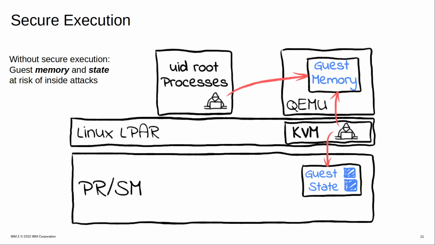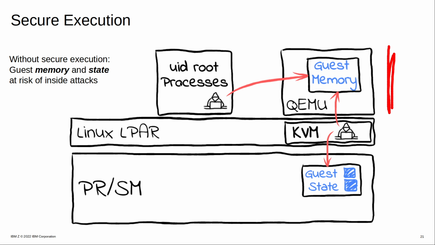Now, the feature we have been investing most in recent years has been secure execution. The idea is that if you're running a KVM guest, like this one here, right? There's a couple of attack vectors. For one, the administrator of the LPAR, in case he was evil, could try to access the guest memory and steal secrets from there.